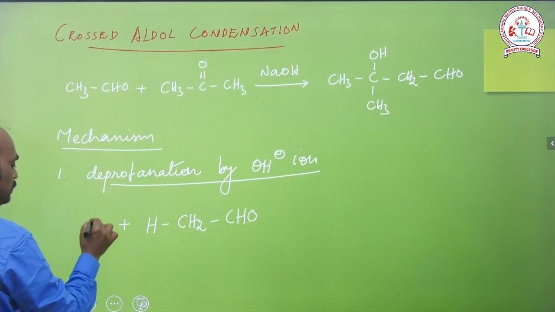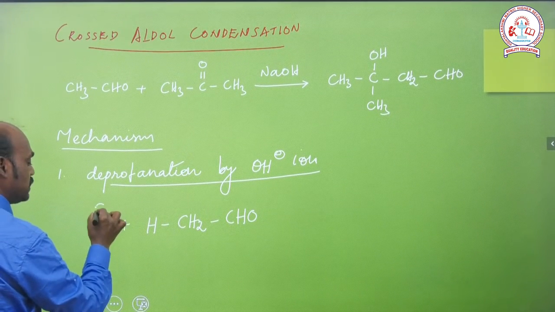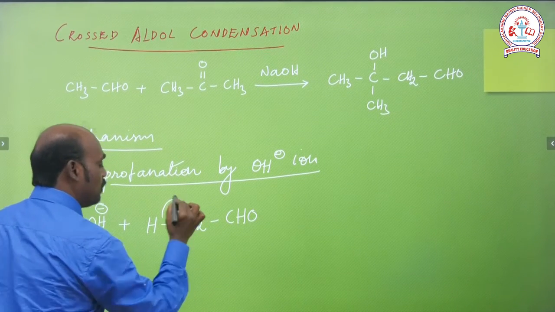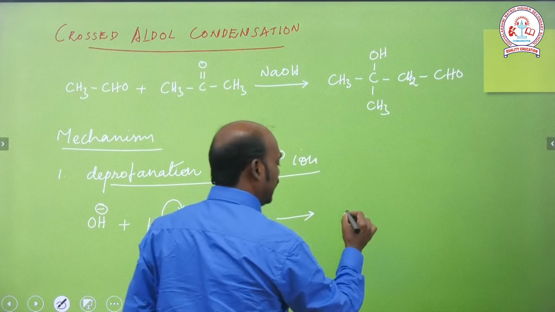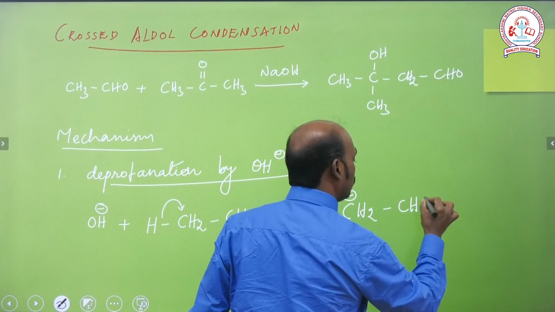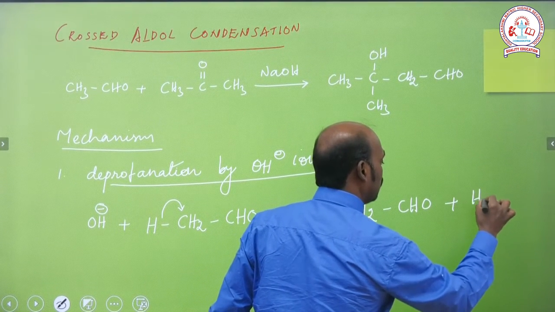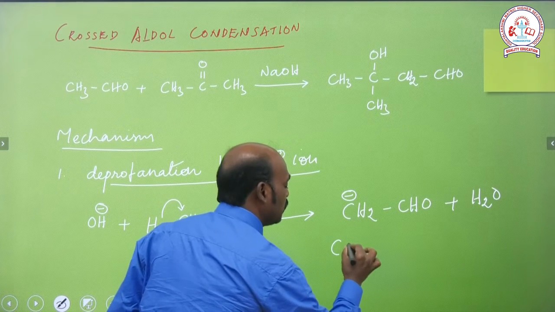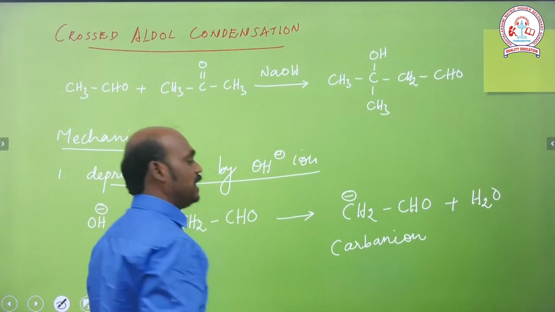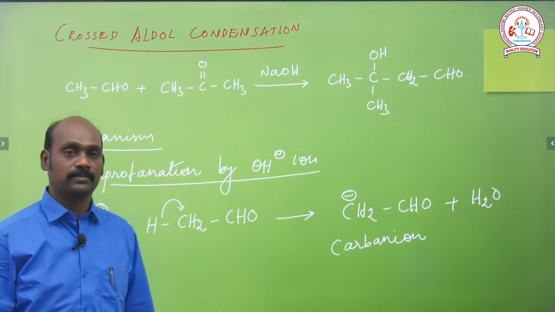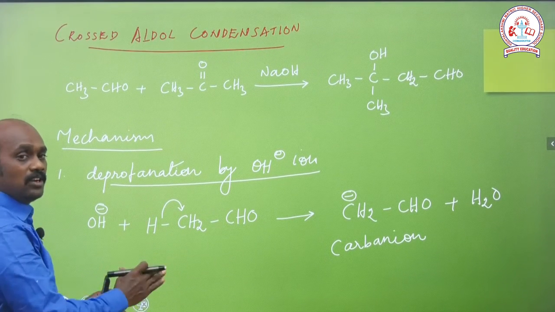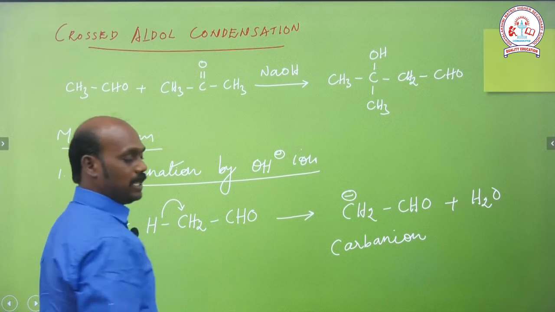When the nucleophile, that is OH minus, approaches acetaldehyde, a carbanion is formed like this. So, we get CH2 minus CHO and water. Already we know the name of the compound: carbanion, because the negative charge is present on the carbon atom. This is the first step, deprotonation by OH minus ion. So, here the acetaldehyde prefers to form a carbanion.